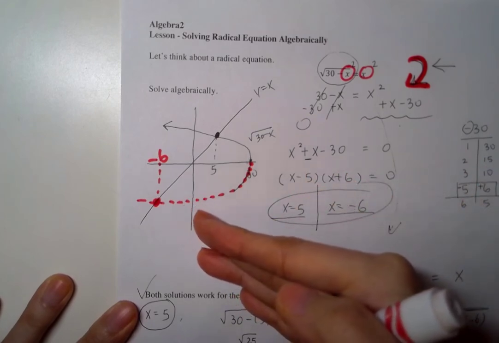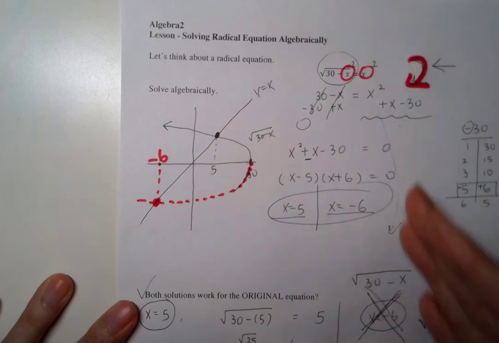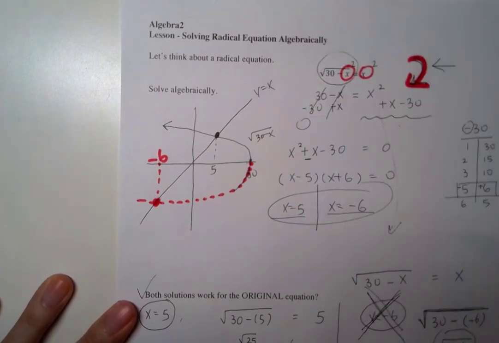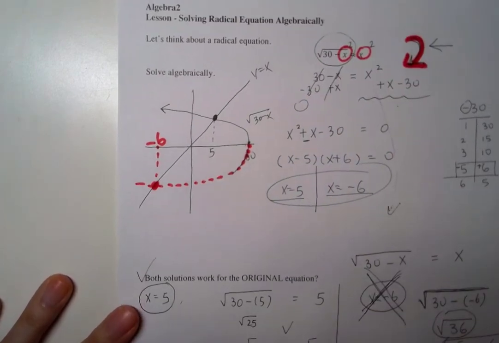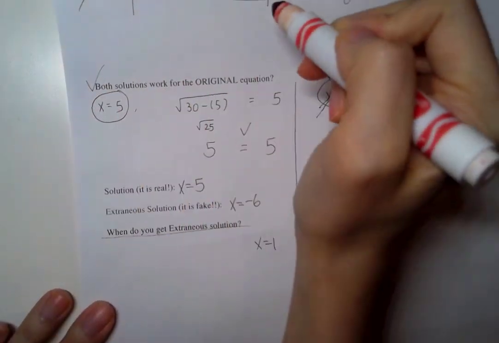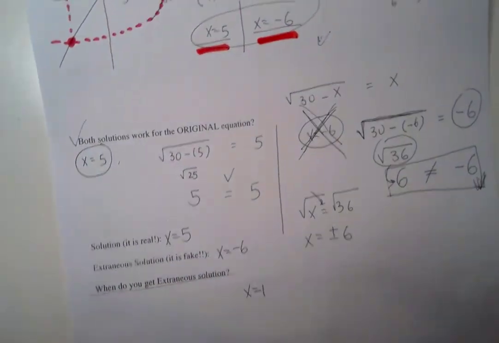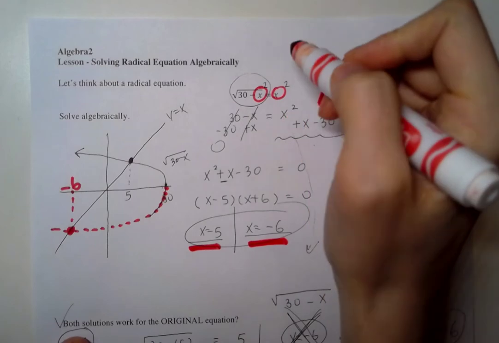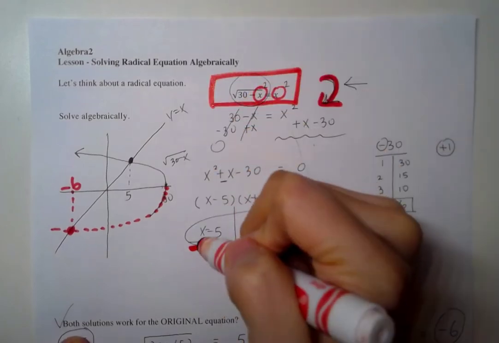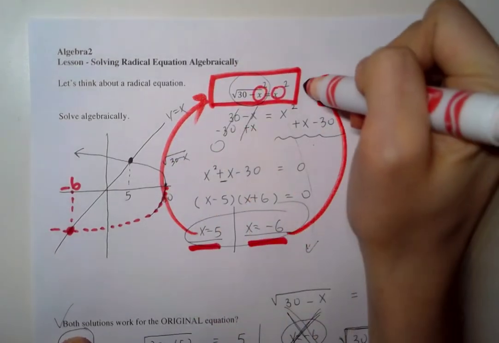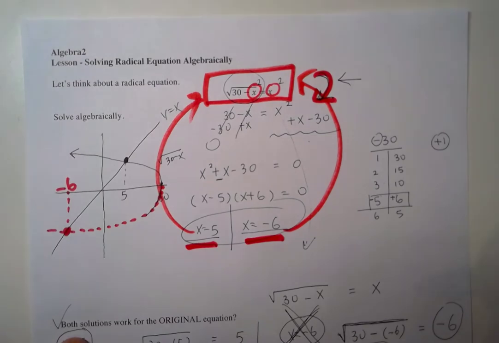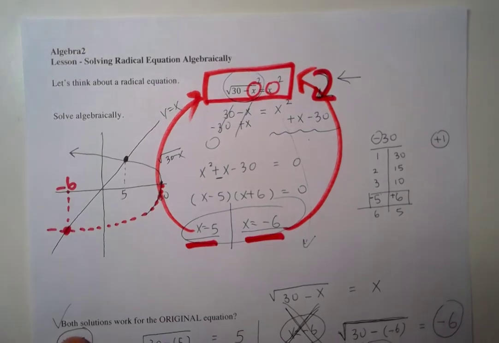So anytime you solve it, square each side, get rid of your radical, and whenever you get a solution, you have to put it back into the original radical and check whether it works or not. If it works, that's your solution. If it does not work, you need to cancel it, and that's extraneous. Okay?